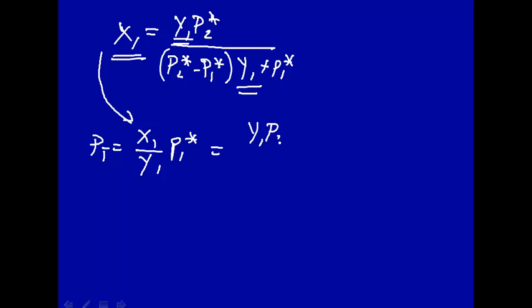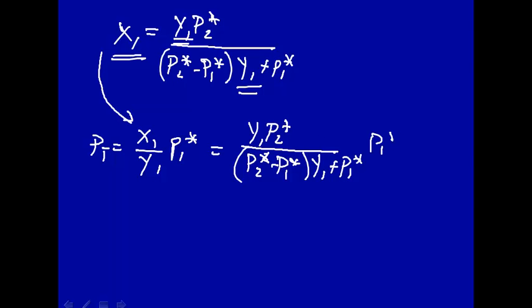y1 P2 star divided by (P2 star minus P1 star) y1 plus P1 star. That's x1. We multiply that by P1 star, and then we divide by y1. Look, the y1's cancel out.